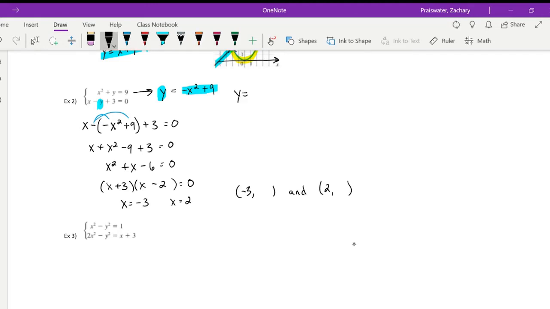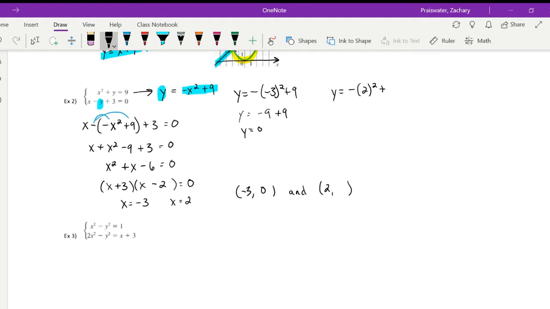So if y is equal to -(-3) squared plus 9, then this is +9, but then it's negative, so it's actually -9 in the end, plus 9. This gives you y is equal to 0. So that 0 will go here. And then plug in 2.